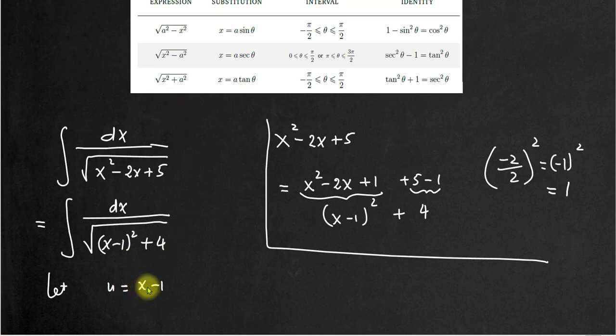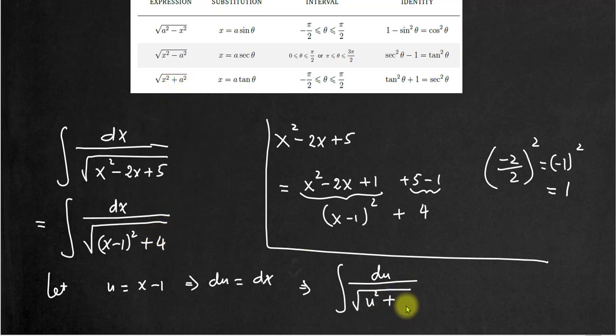If I let u be x minus 1, then du is dx. Now I can rewrite the integral as du divided by the square root of x minus 1 squared, which is u squared, plus 4. I want to rewrite 4 as something squared so it matches the last expression, so I write 2 squared, because 2 squared is just 4.